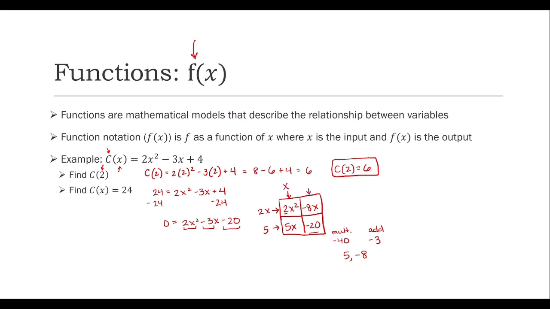And then our greatest common factor between negative 8x and negative 20 is negative 4. And you'll pull the negative out if the one closest to the arrow is negative. So in this case, this one's negative, and this one we won't pull out a negative because our 5x is positive. So it factors to x minus 4 times 2x plus 5.